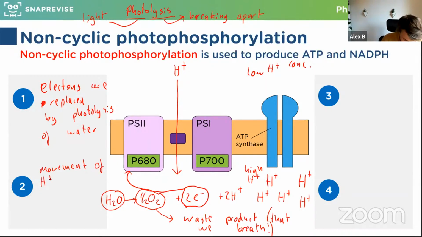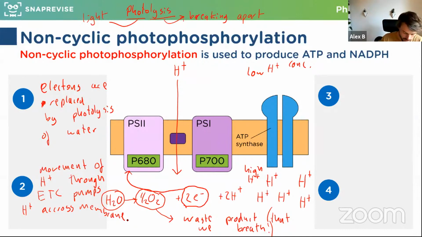Movement of H plus through the ETC, electron transport chain, pumps H plus across the membrane.